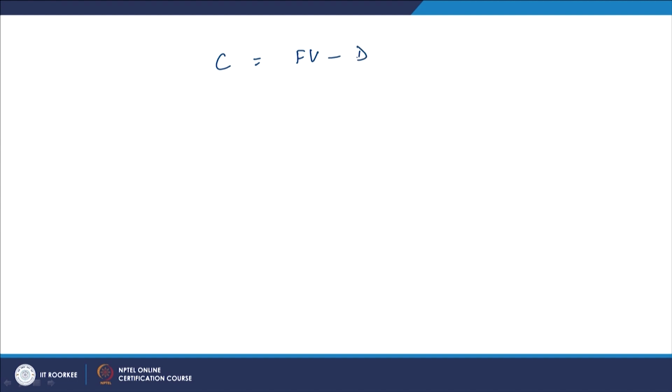So that is how you get these proceeds, that is C. So C is proceeds. The lender will basically deduct this discount amount from the paid back value, that is the future value FV, and that is how you get the proceeds.